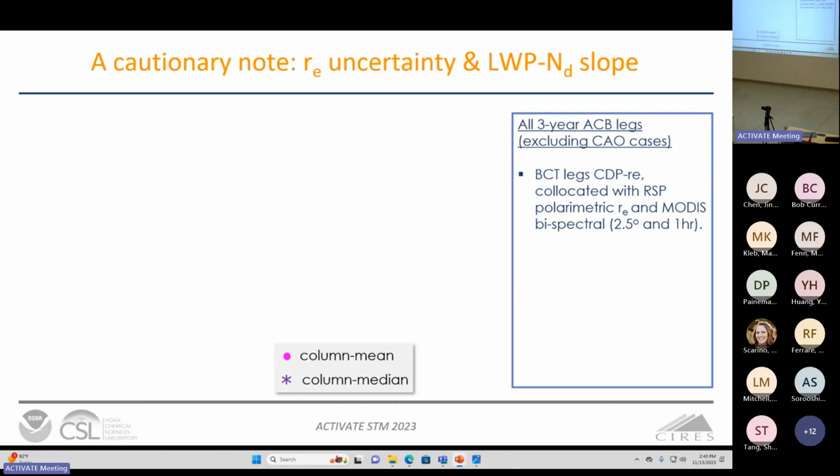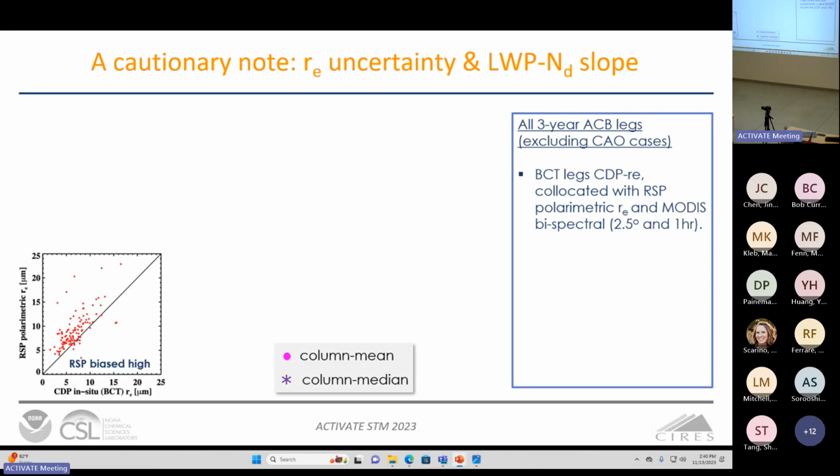However, I want to point out a cautionary note on this. If we do some co-location comparison between in situ number concentration, in situ effective radius, RSP effective radius, and satellite effective radius, this shows different approaches retrieving the same variable but with different degrees of uncertainty.